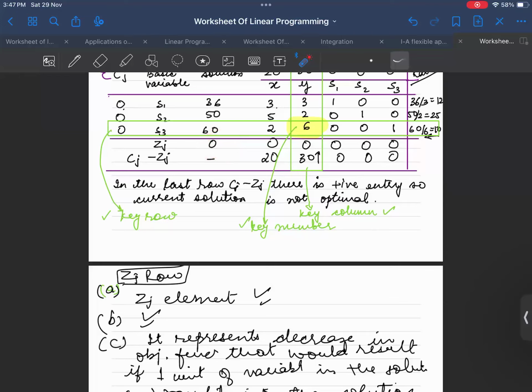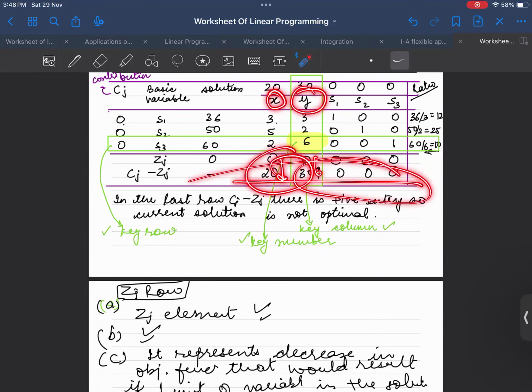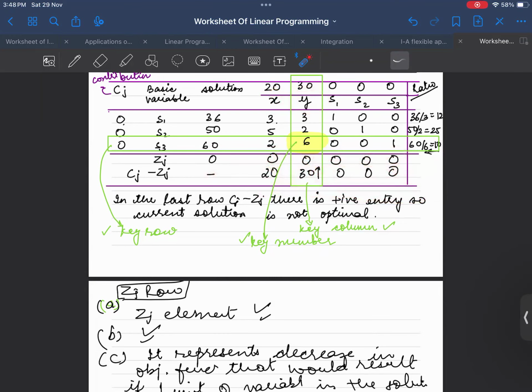Thirdly, the Zj entries under the other columns represent the decrease in the objective function that would result if one unit of that variable is brought into the solution. If I take x, how much will it decrease? Actually it's not decreasing, it's increasing. That's why it's positive. As of now it's 0. It's not increasing, neither decreasing, right?